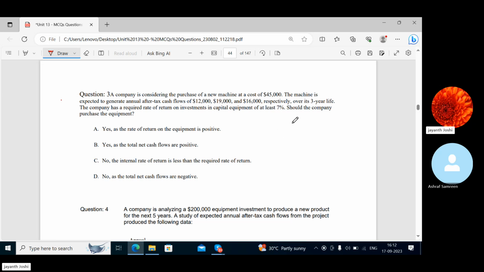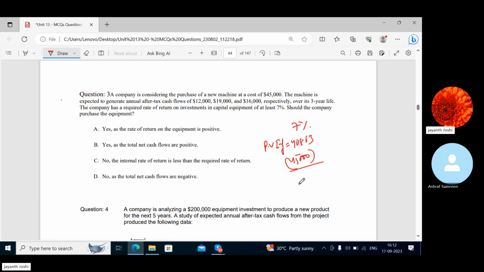So 7% is the required rate of return at which we are getting a negative NPV, because at 7% when we calculated, the present value of cash inflow was 40,863 and our investment was 45,000.